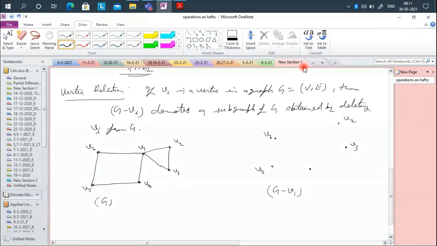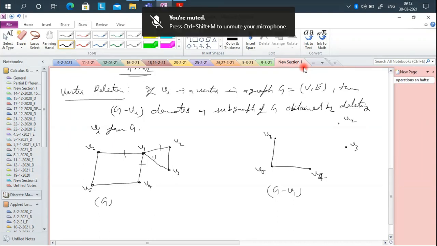So deletion of the vertex means you delete the incidence edges also. Okay, fine. So here, whenever we delete this vertex, that means we also delete this edge, this edge, this edge, and this edge. All the edges which are incident with V1 we will delete.